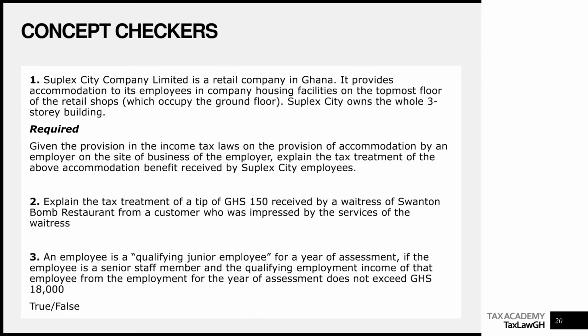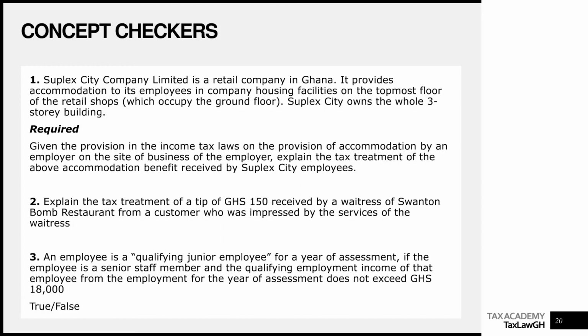The requirement here is saying that given the provision in income tax laws that have to do with the provision of accommodation being exempt and all of those, explain the tax treatment of the above accommodation benefits. Please hit the pause button and let's see how well you do on this one. So you can hit pause and then try.